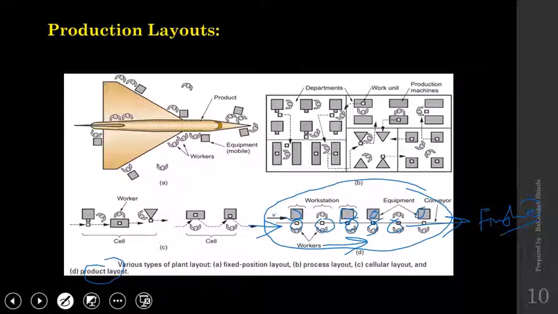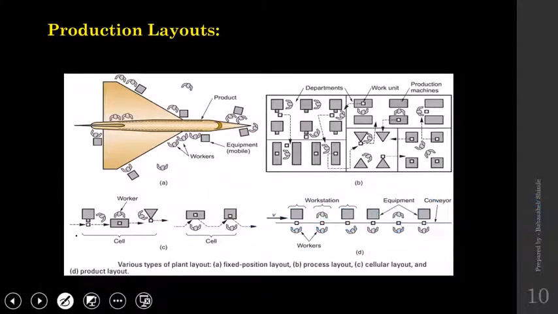Such a layout is called product layout, because the arrangement is done in favor of the product. Whatever the operations are required to be done, things will be arranged accordingly.